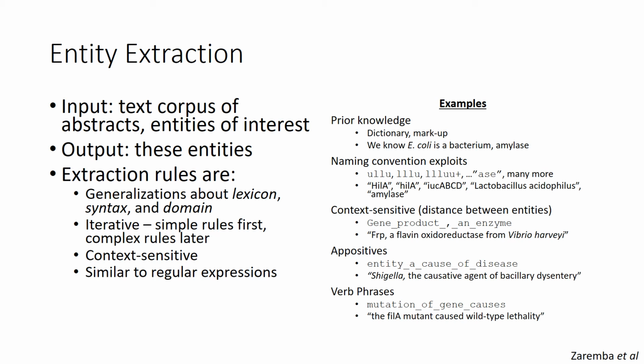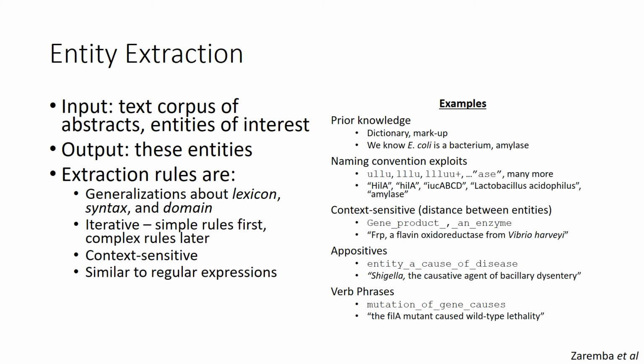But what if there are some names that are not in the dictionary? We then have to take advantage of naming convention exploits. For example, gene names typically follow a commonality with uppercase and lowercase letters, like an uppercase H, lowercase I, lowercase L, and an uppercase A. If you see something that follows that pattern, you can know that it's likely the name of a gene.